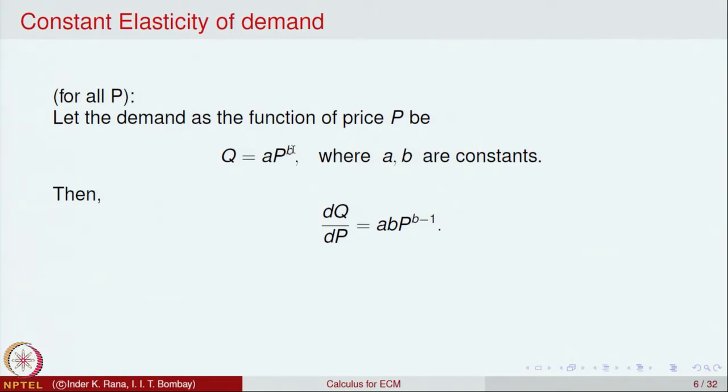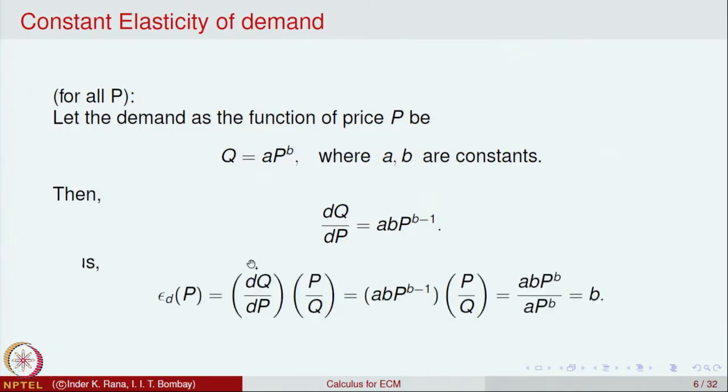So, the power is fixed, the power b comes down, and p is raised to power b minus 1. So, dq by dp is a b into p raised to power b minus 1, differentiating this equation with respect to p. Now, we can put the value in.